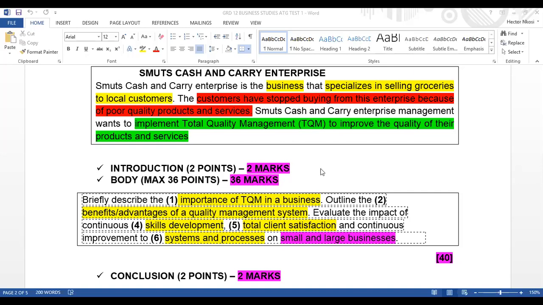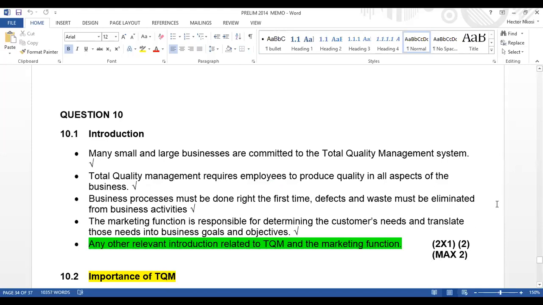I've shown you the structure already of how you need to answer this. Now I'm going to show you how it is supposed to be answered in terms of content, not structure. Let's look at how you can remember the points in an exam situation.